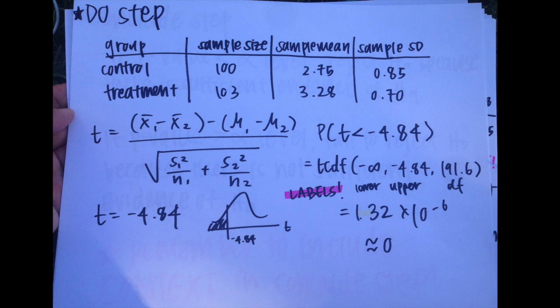You have to label lower, upper, and DF. And you find DF on your calculator or using the equation that we showed before. And then finally, the probability is about 0. And with the drawing, you can see that we shaded below negative 4.84, which is the probability that we were finding.